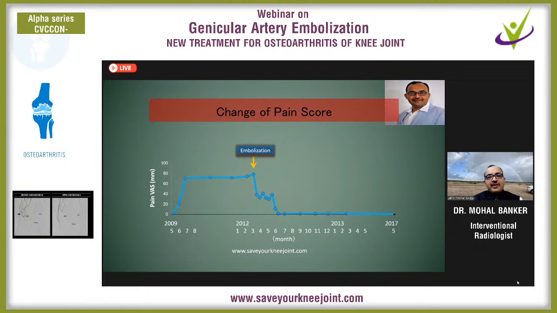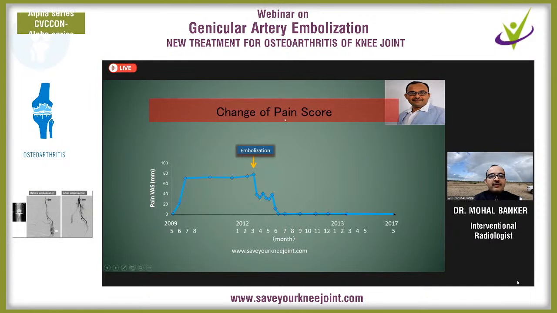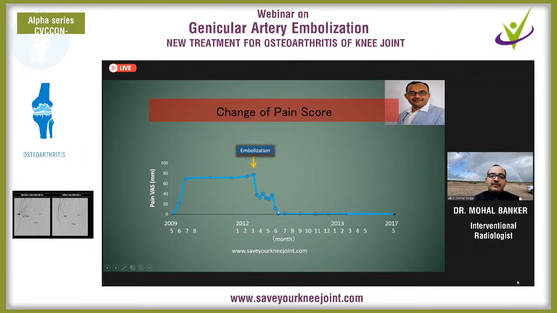Now in the same patient, there is a graph of the changes in pain score. On the day of embolization, pain reduces by 50% on the same day, and gradually over the next few months, the pain completely disappears.